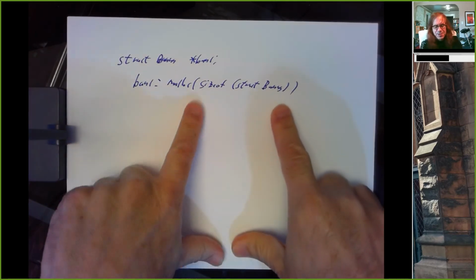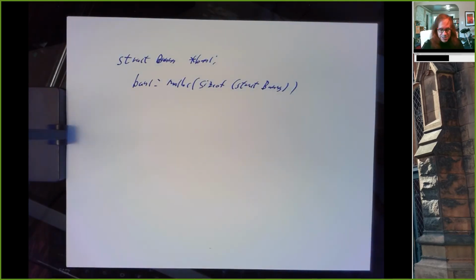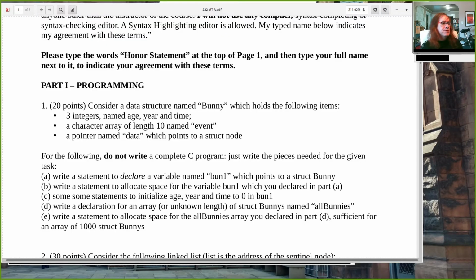So find enough space in the heap for this much stuff and set bun1 to be a pointer to that. So that was awesome. Write some statements to initialize age, year, and time to 0. So that's bun1 arrow age, arrow time, arrow year equals 0. No problems there.